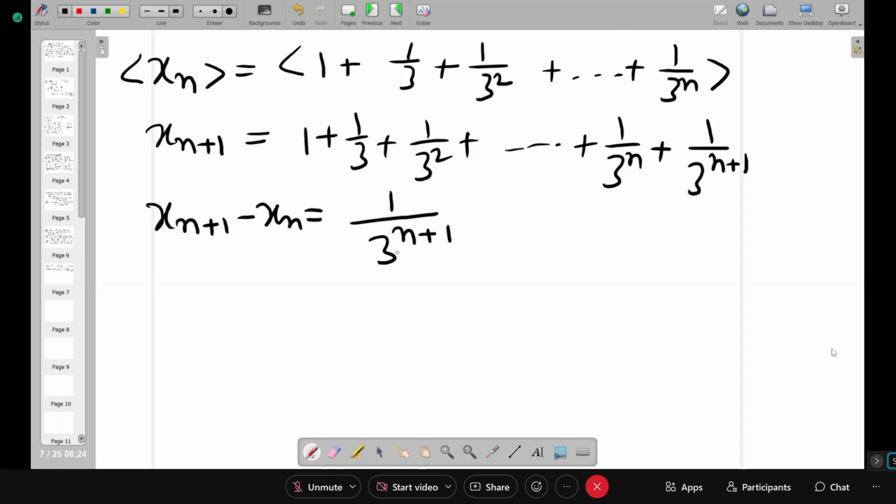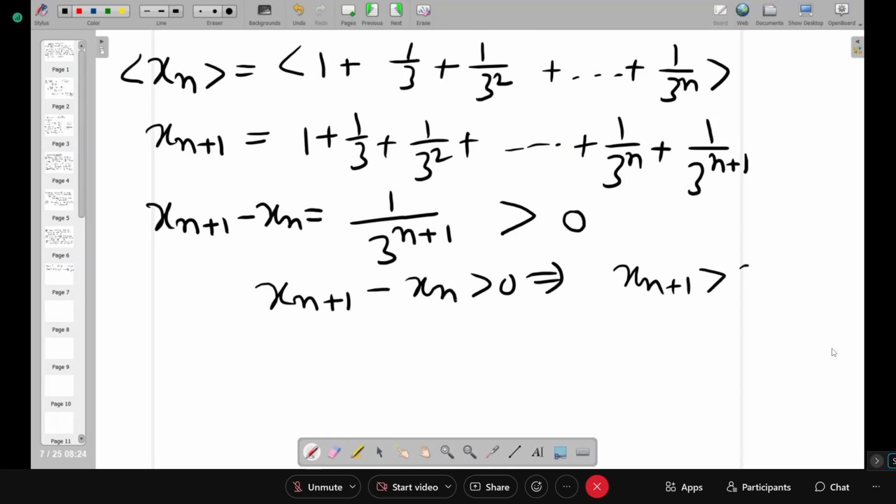Because n is a natural number, this value will always be greater than 0. So xn plus 1 minus xn is greater than 0, or you can say xn plus 1 is greater than xn, meaning you are able to show this sequence is an increasing sequence.